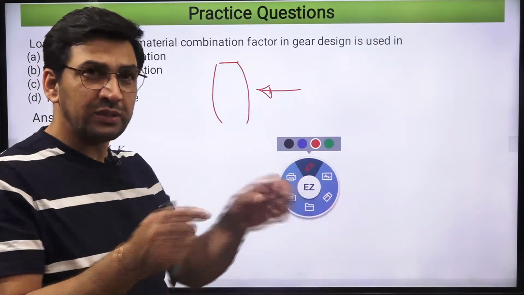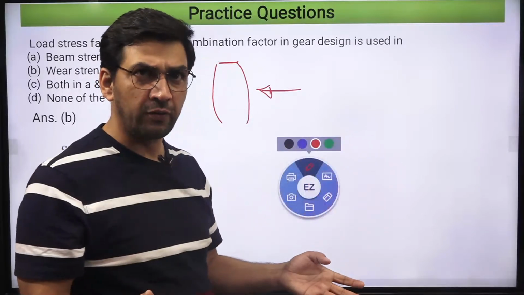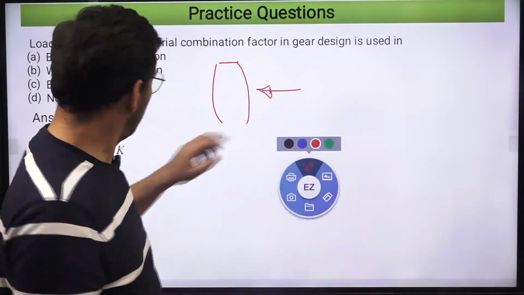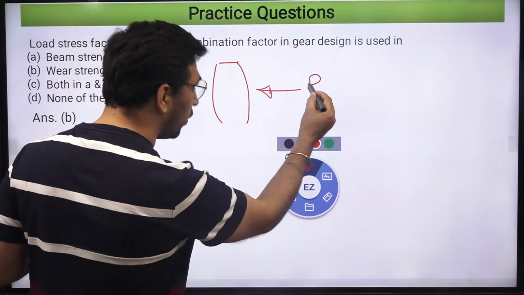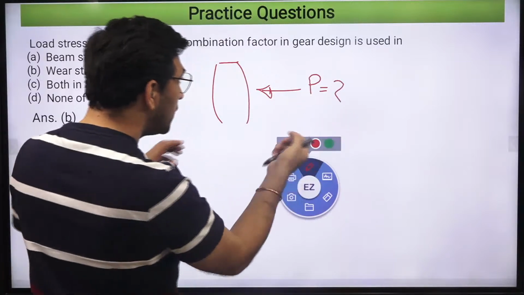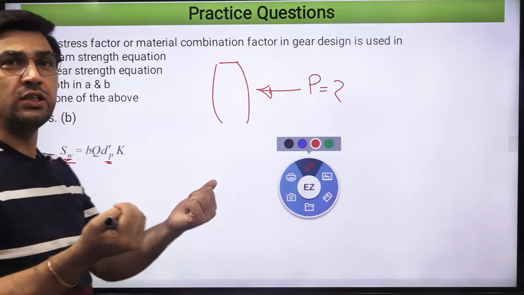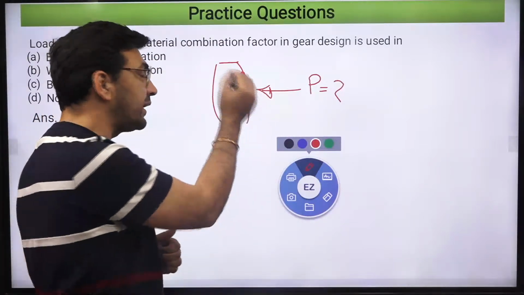Weir strength does not mean something you should interpret in a very different way. It is simply the tangential load that we should apply so that while the teeth are coming in contact with each other, there should be no surface fatigue failure. There should be no pitting over there.